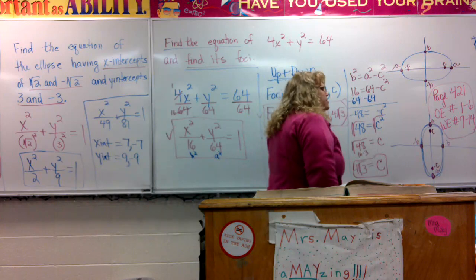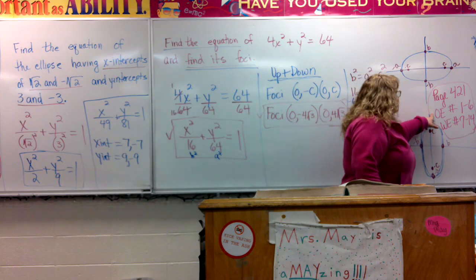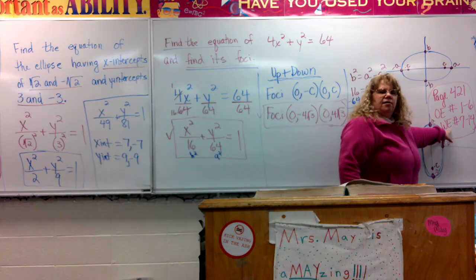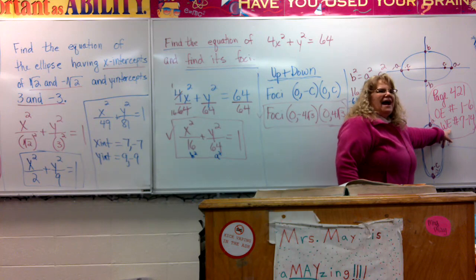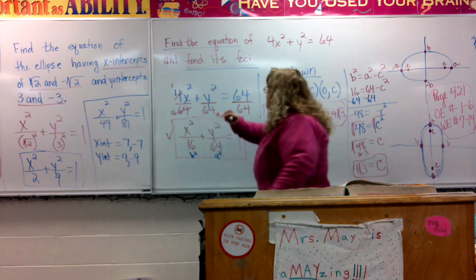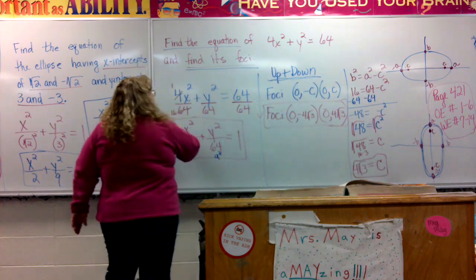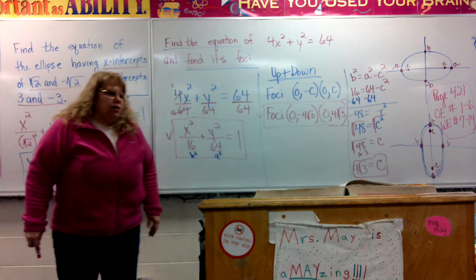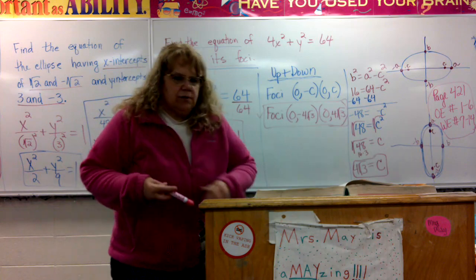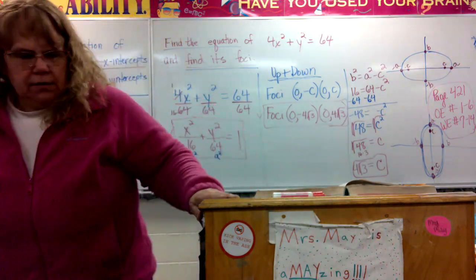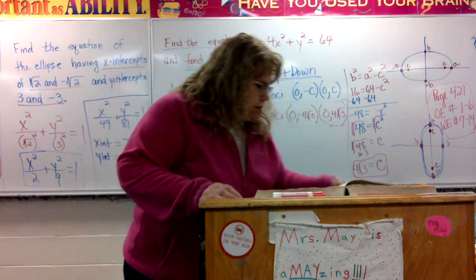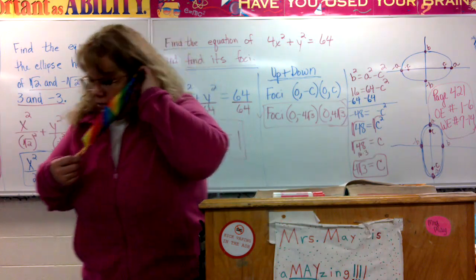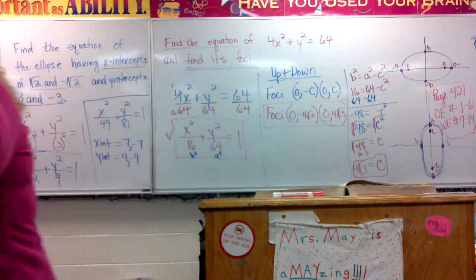I can't remember what else it asked for. Just the X and Y intercepts right here. Don't graph it. I want you to write the equation like we did up here, and then give the foci like we did up here. Those are my directions. Got it?